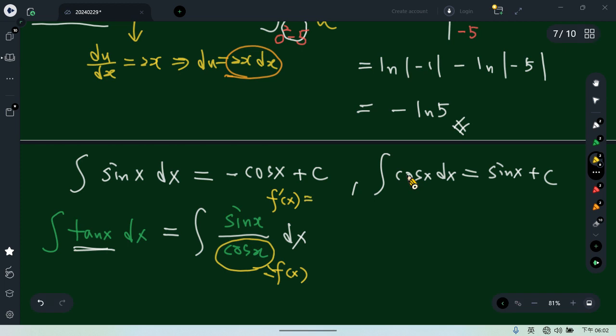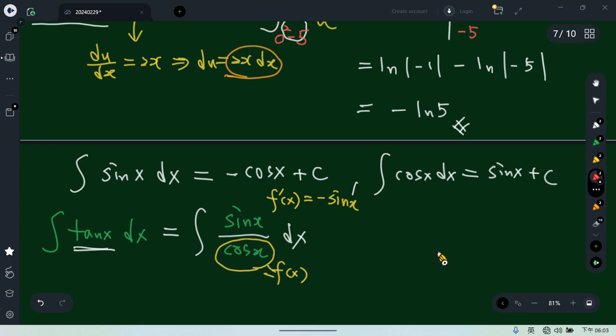It should be negative sine x, right? If we assign f of x to be cosine x, then we differentiate, we get minus sine x. So there is sine x here, right?